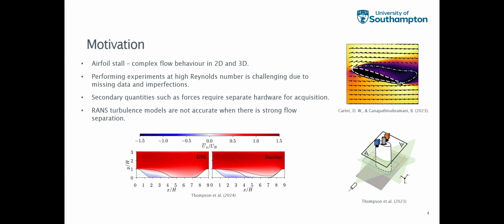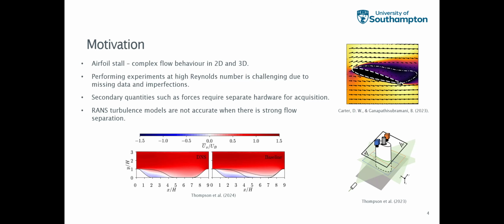The one that I show here compares the DNS and the baseline case performed using a Spalart-Allmaras turbulence model. So from this, we gather information which we probably already know, but just as a refresher, that RANS turbulence models are inaccurate, but they offer a cheap alternative to study complex flows such as airfoil stall.